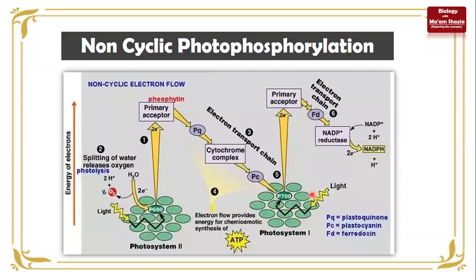Non-cyclic photophosphorylation involves two photosystems, 2 and 1. The numbers are given on the basis of their discoveries. The first one discovered was actually photosystem 2, and photosystem 1 was discovered after it. Anyways, this is photosystem 2.